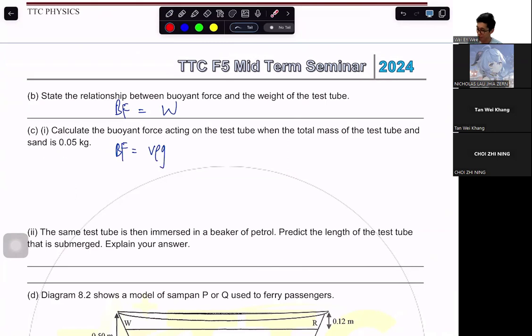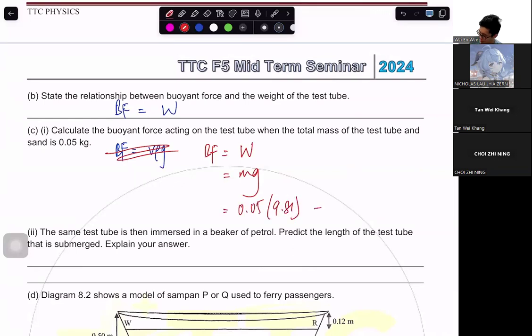The mass is related to the weight. So instead, you should use buoyant force equals weight, which is equal to mg. The mass is 0.05, g is 9.81, then you can get the buoyant force already, without thinking, what is the volume? What is the density?